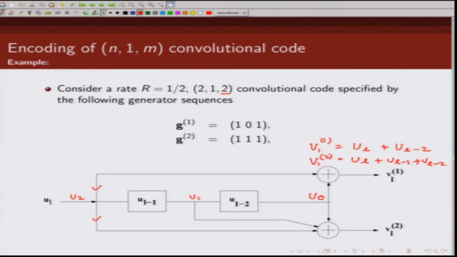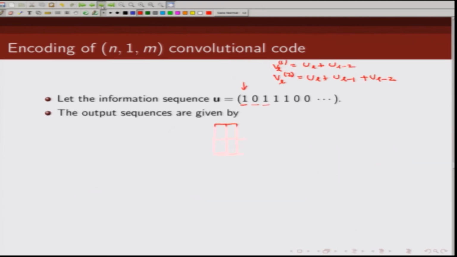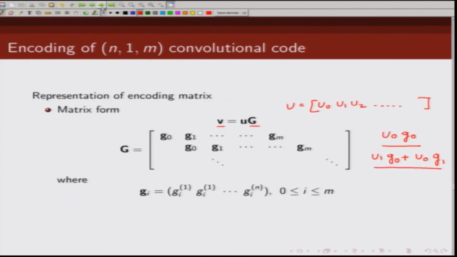It is U2 times G0 plus U1 times G1 plus U0 times G2.